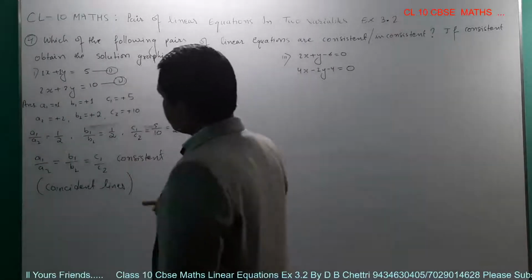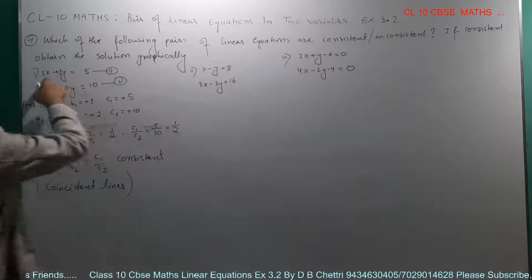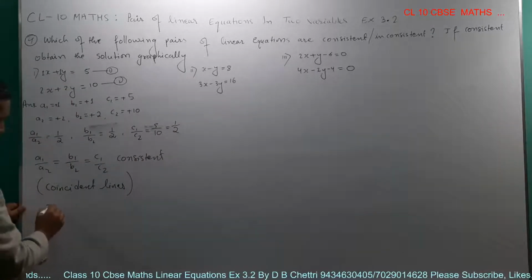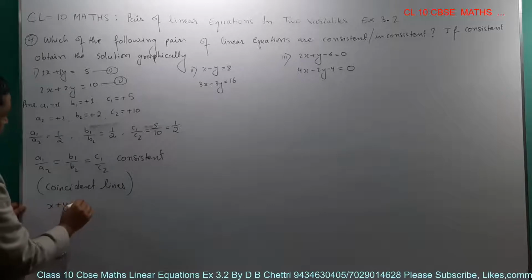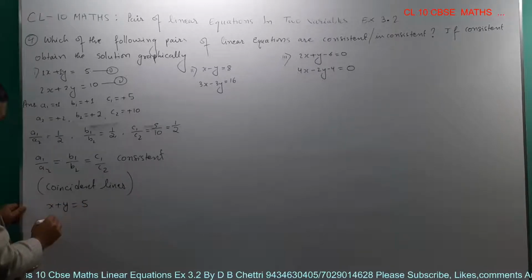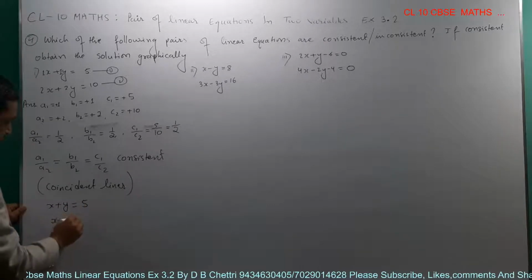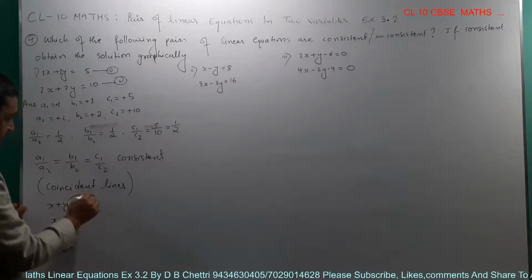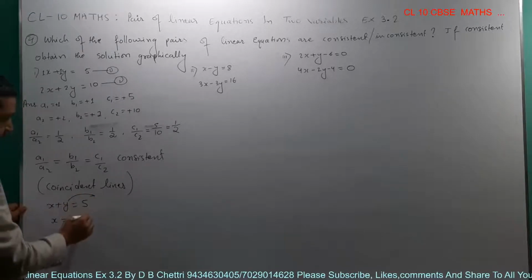Okay, now the first question. What is there? x plus y equals 5. Let's get the value of x. x equals 5 minus y.